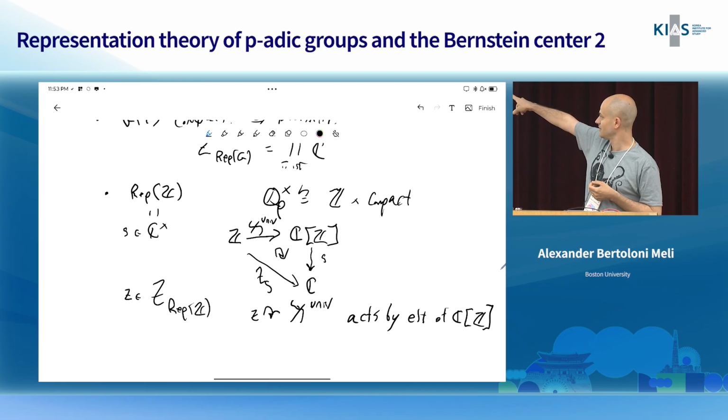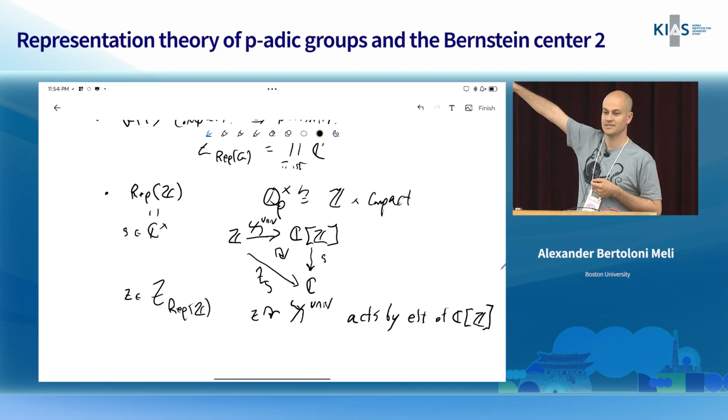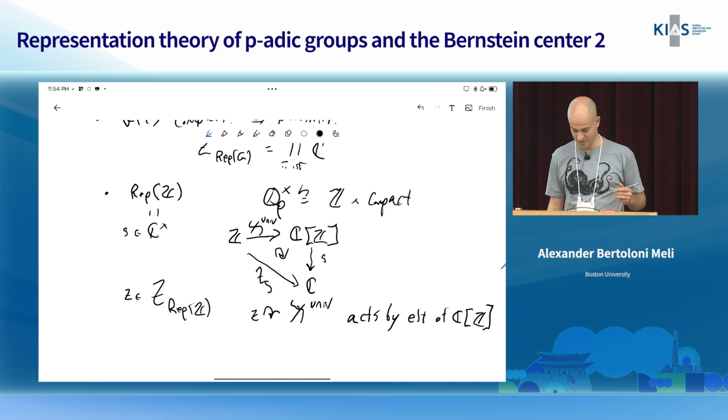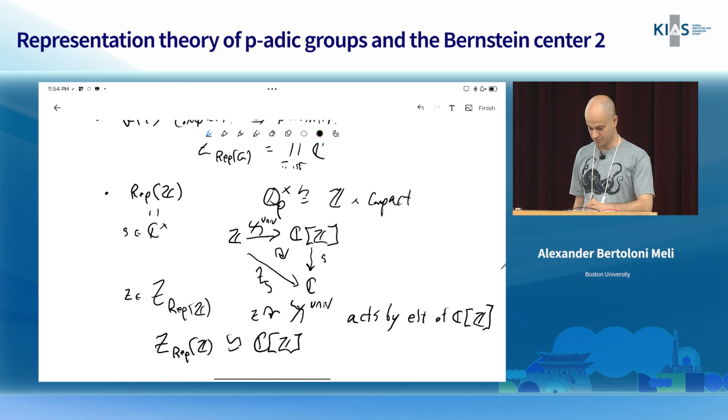And so the fact that z acts on chi_univ by some element here means we can figure out how z acts on any given character by this map s. In particular, what this is saying is that the scalar has to vary as a regular function on this torus. So this is the key observation. And so what actually ends up being true is that in this case, the center is just C[Z], which we'll think of as the regular functions on this one-dimensional algebraic torus.